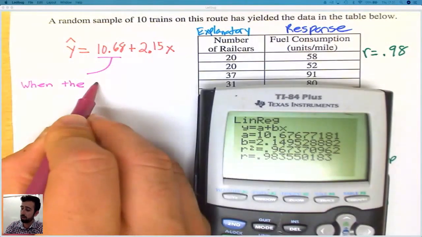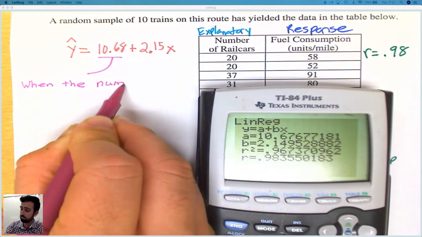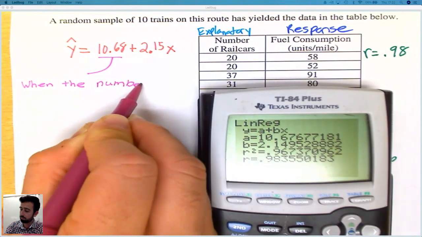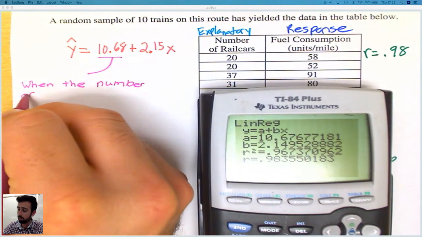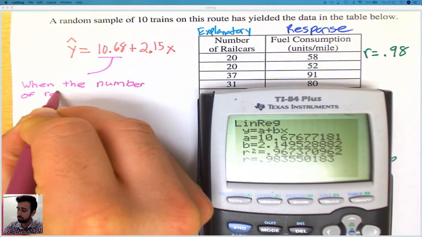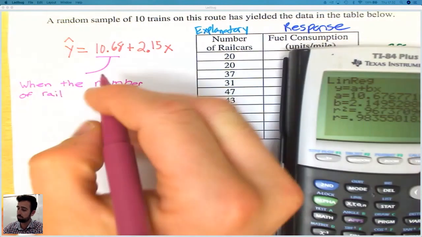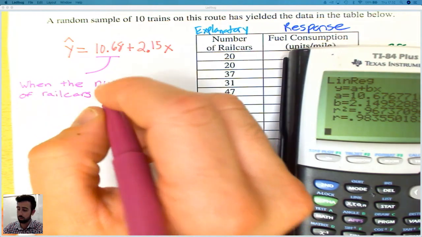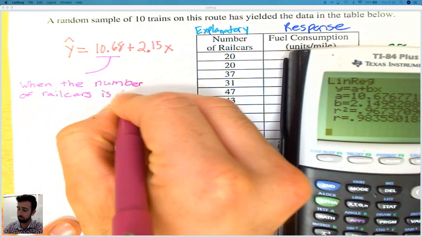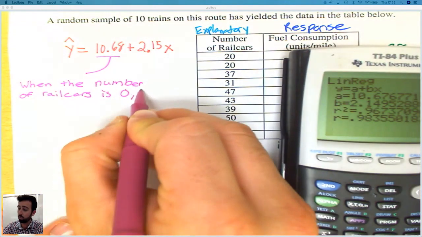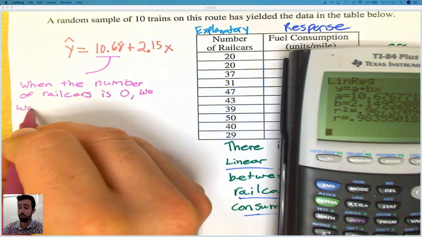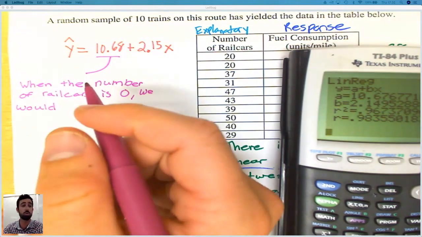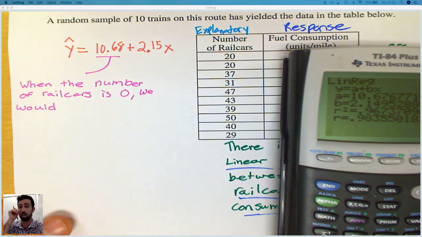So when the number of rail cars is 0, we would, and this is where you need to use the word predict. If you don't use the word predict, they're gonna mark you down. Use the word predict.